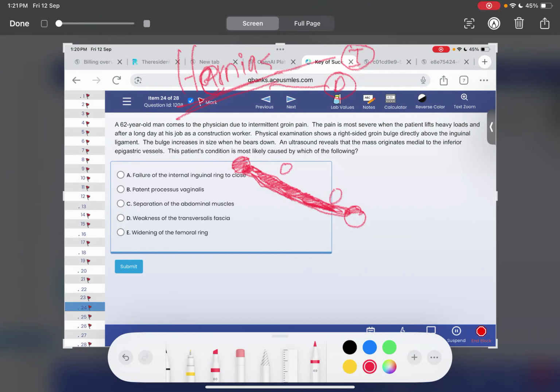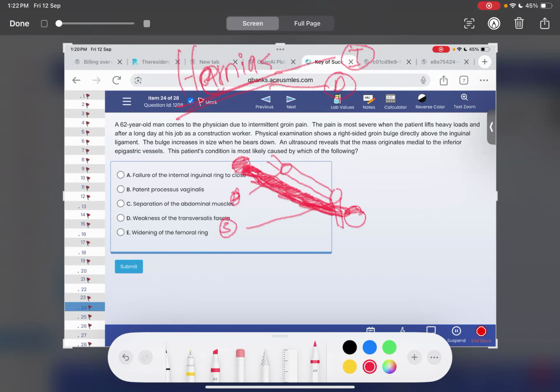The spermatic cord goes over here and goes down like this. This is your deep inguinal ring, and this is your superficial.